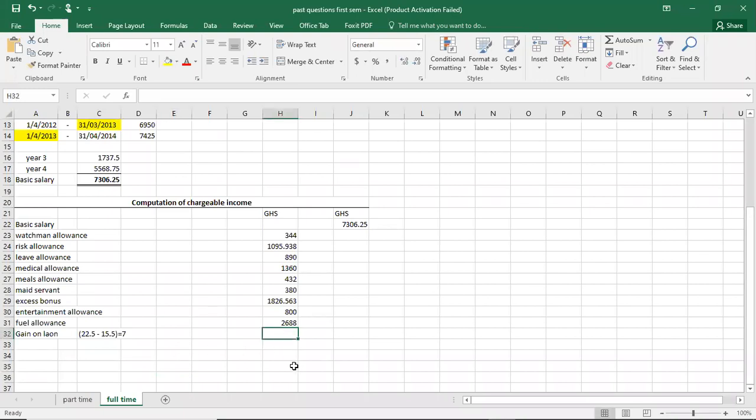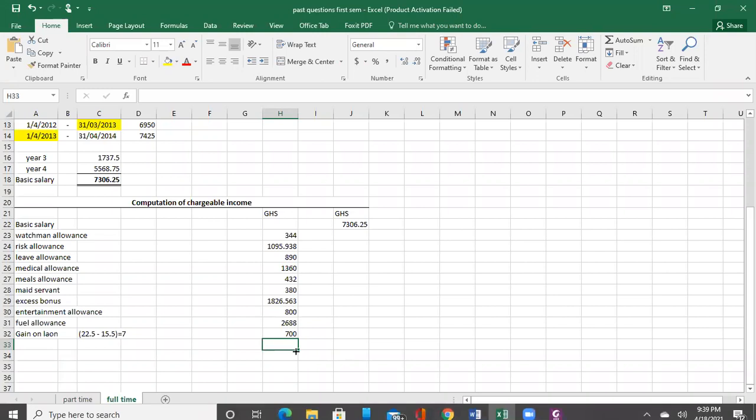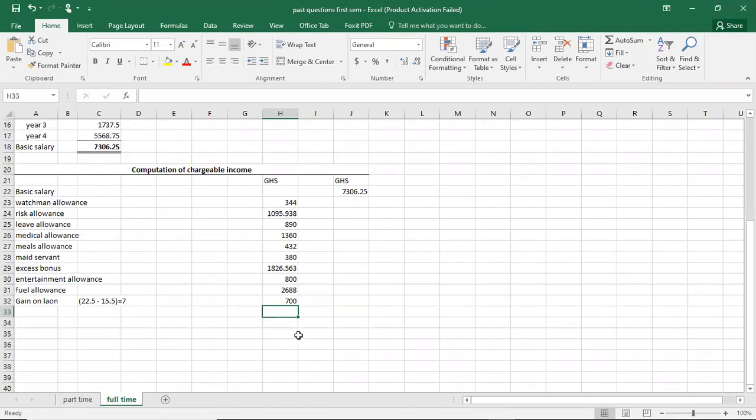And so 7% multiplied by the 10,000 loan he has taken, meaning that he is making a gain of 700. Or you can strike 22.5 on the loan amount, which will give you 2,250.